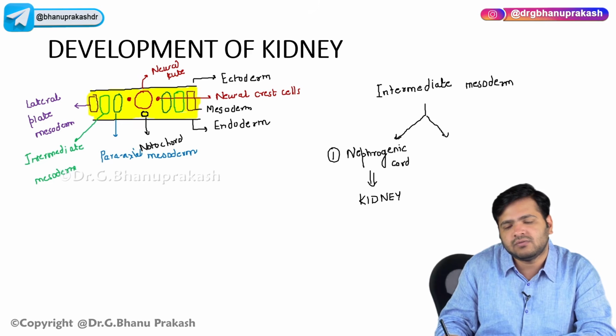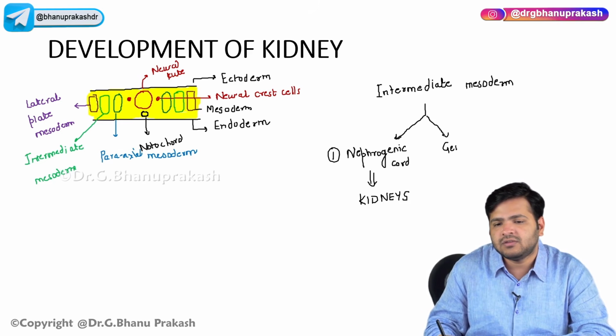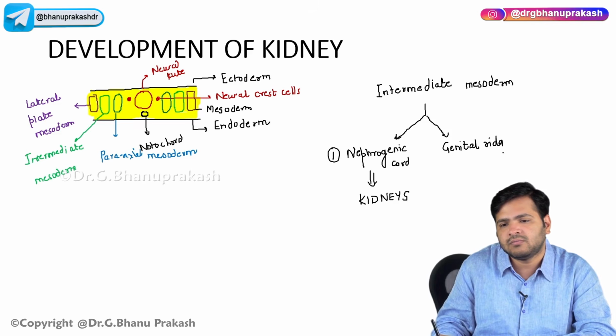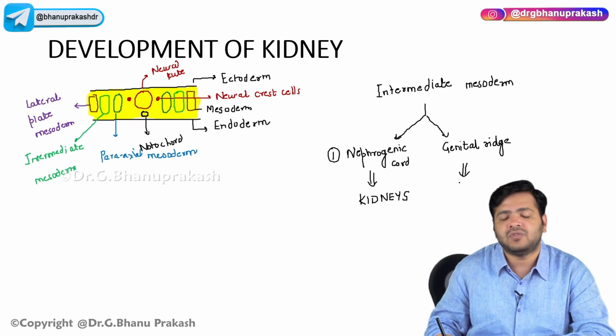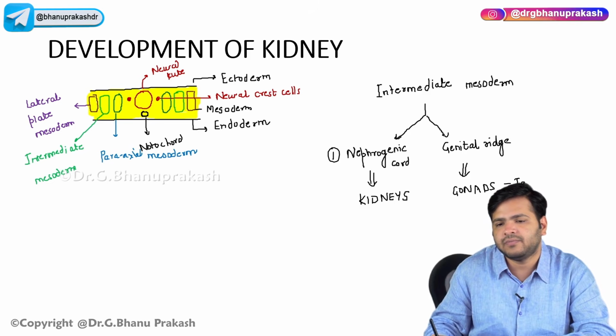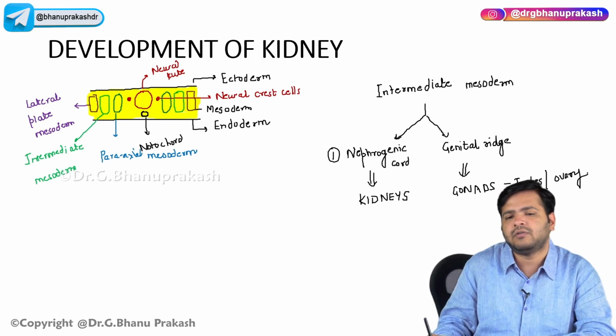The second one is the genital ridge, and it will form the gonads, the testis and the ovary.